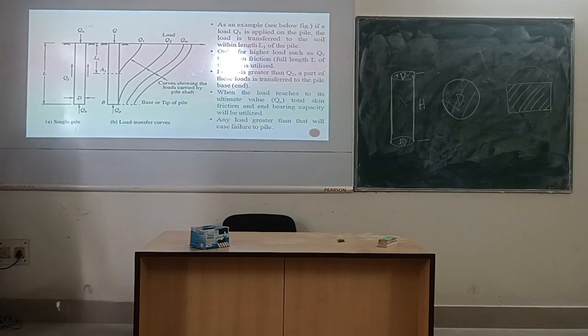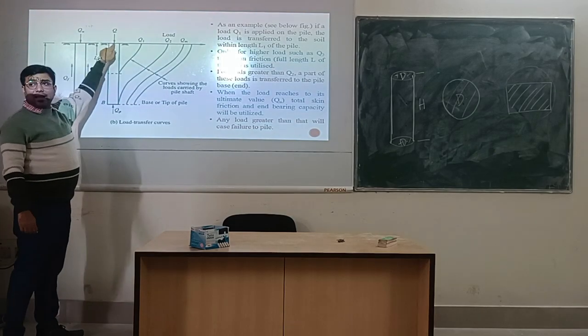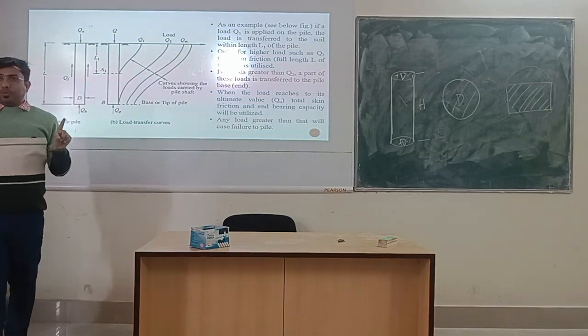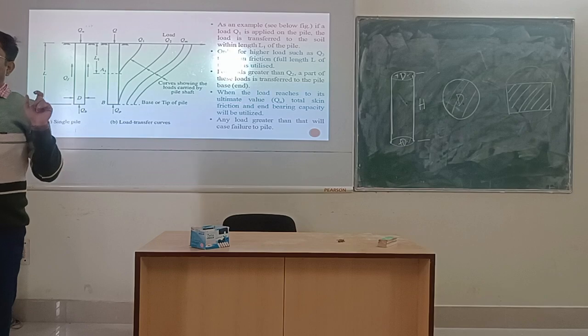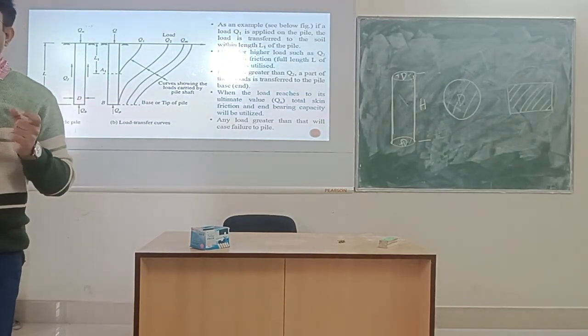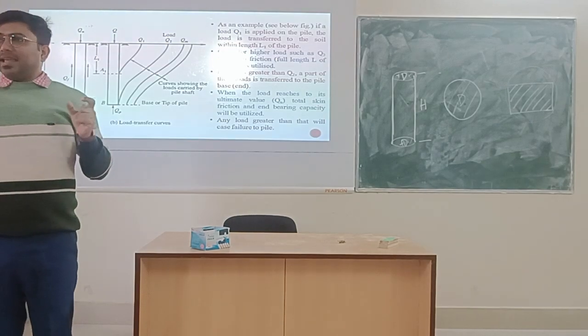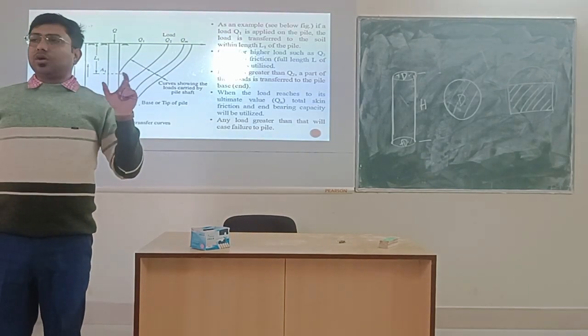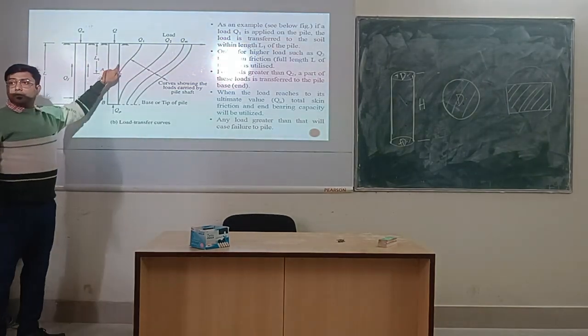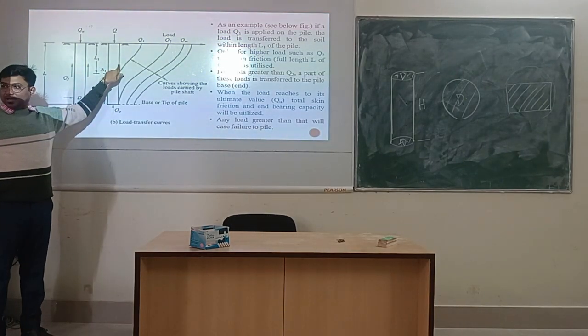Now when Q is applied on the pile top, okay, let's go to the next slide. If Q load is applied at the pile top, and we assume this Q is a very small load compared to the ultimate load bearing capacity of the pile, then this total load will be carried by the friction capacity of this pile.